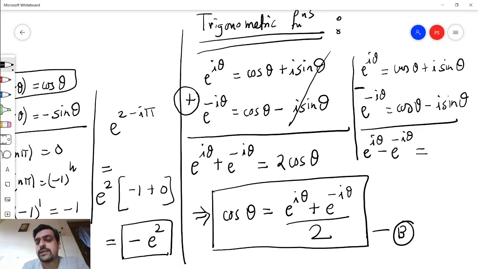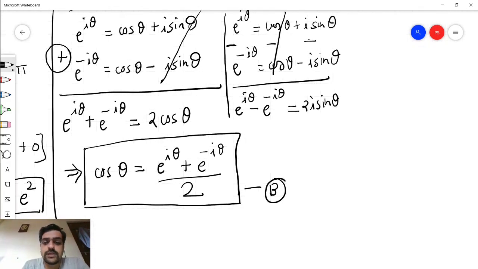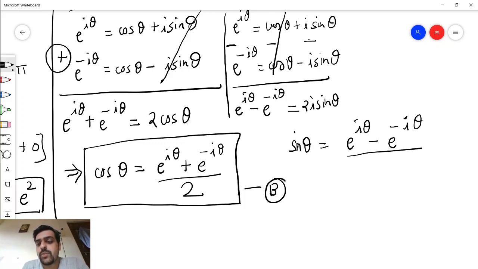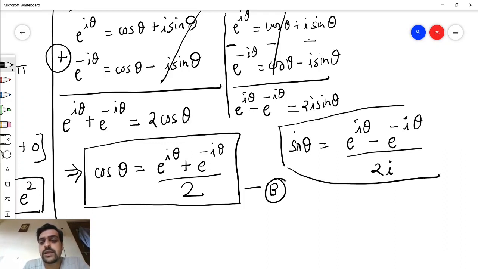On the right hand side, since we are subtracting, the cos theta terms will get cancelled. This minus minus becomes plus and we have 2i sin theta. So we have an expression for sin theta now, which tells us that sin theta equals e raised to i theta minus e raised to minus i theta upon 2i. So this is the next important equation, C.